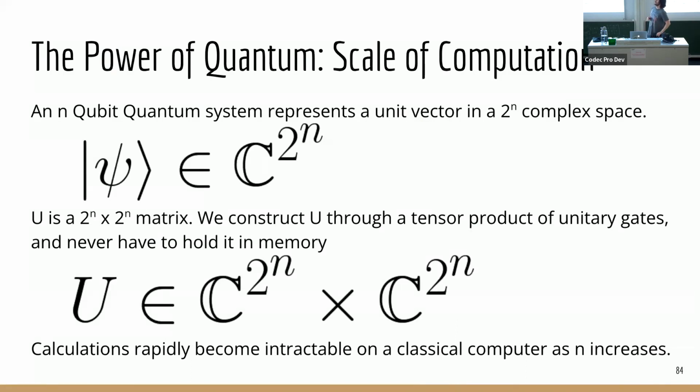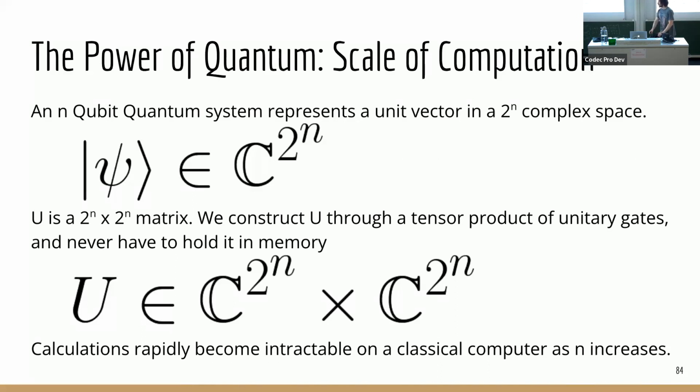Now let's think about what this means in terms of the scale of the computations that we can perform. So an n-qubit system is a unit vector in a 2 to the n complex dimensional space. U, our unitary transform, is a 2 to the n by 2 to the n size matrix. We can construct U through a product of unitary gates.